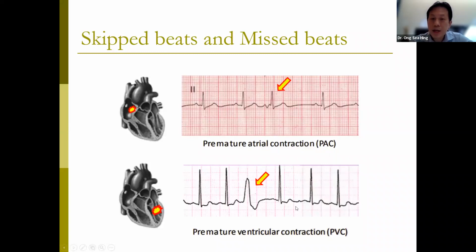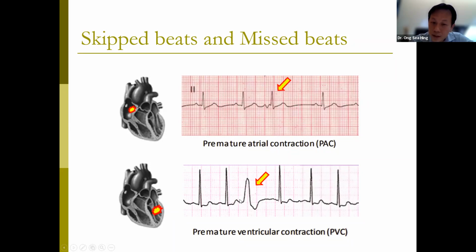Okay. Similarly, you can have an extra electrical activity from the ventricle, and therefore you get what we call a premature ventricular contraction. Usually, you will see a broad QRS that is different from the usual QRS, and that tells us that the electricity starts from the ventricles.